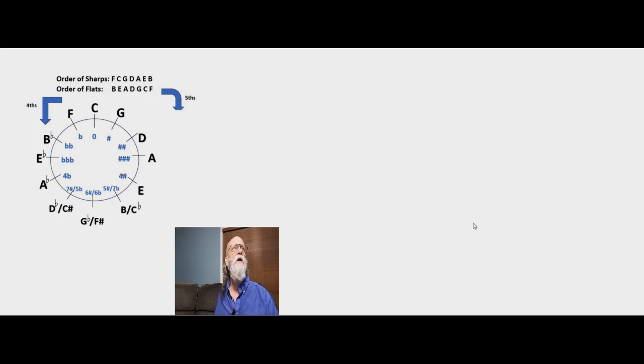What I want you to do is, if you drew this circle out, start with this top center thing, go back one space, and draw F, C, G. You draw out your sharps going this way, C, G, D, A, E, B, and then coming backwards, you spell out your order of flats, B, E, A, D, G. Below the C, just write a 0.